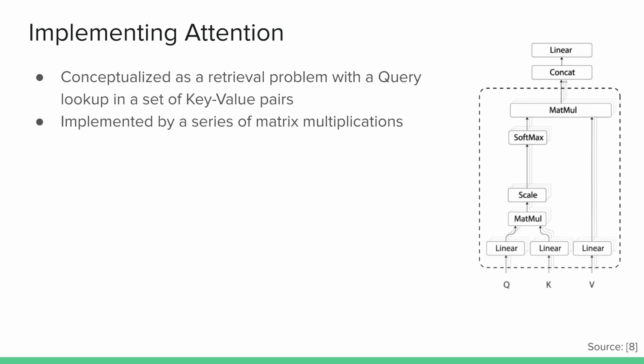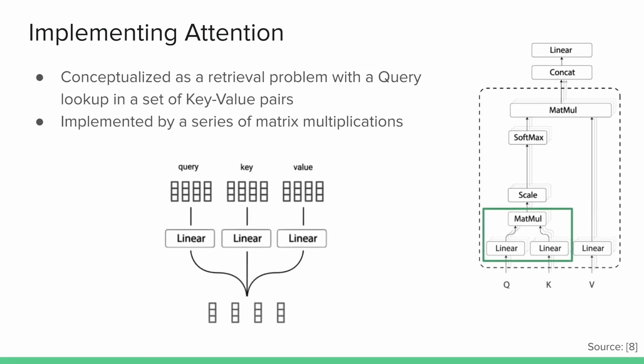And then we have the key, which are all the other words in our input sequence. And the result that we want to obtain is a score that ranks how much I want to relate all of these other things, and then fuse that score with the actual value of that word to be further processed.